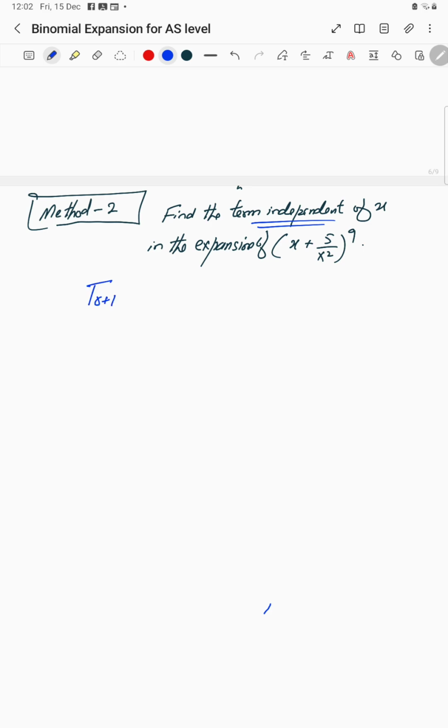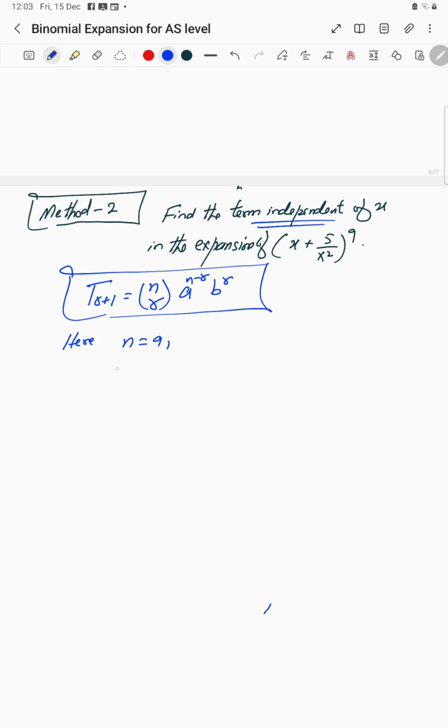So T(r+1) is equal to nCr, already described with you, a raised to power n minus r, b power r. Here in the question, we are given n, that is 9, a is x, b is 5 over x². r we don't know, because we don't know which term will indicate that the coefficient is independent of x, meaning it doesn't involve x.